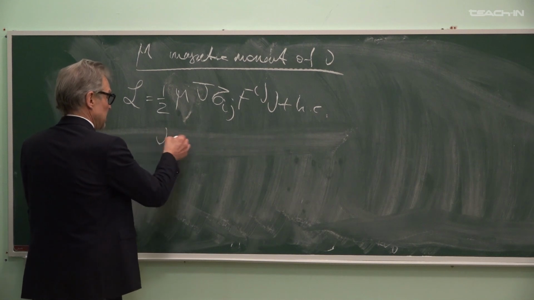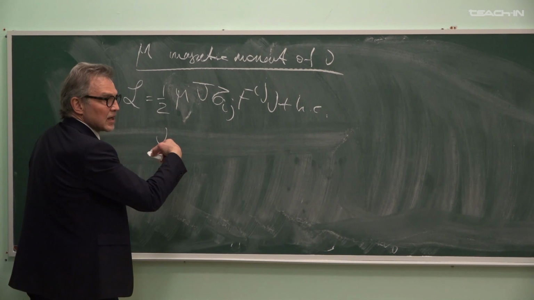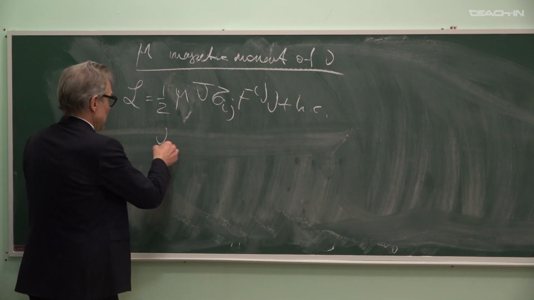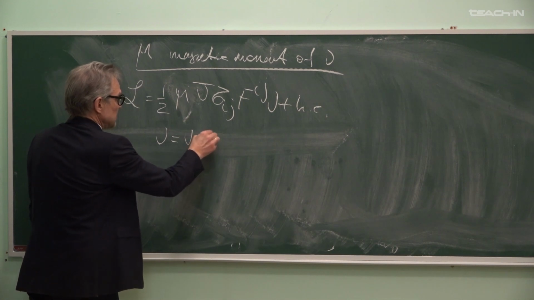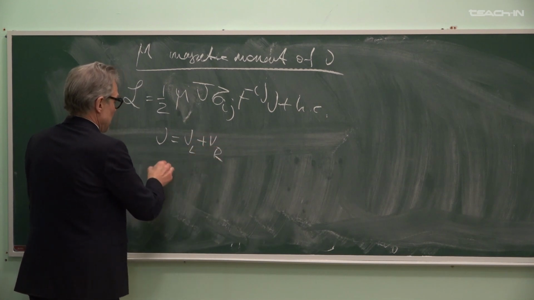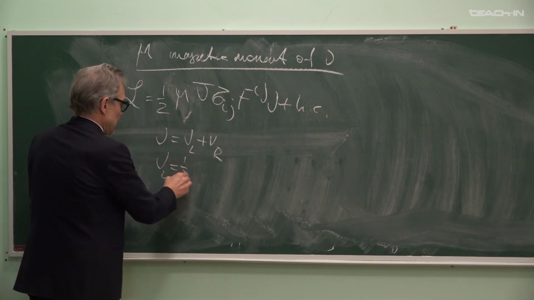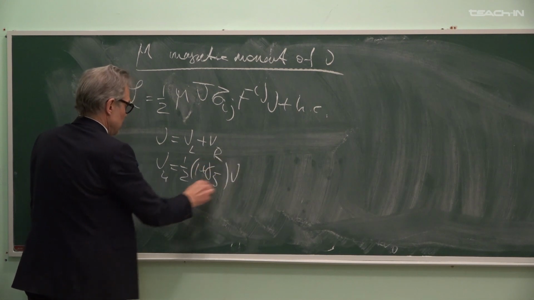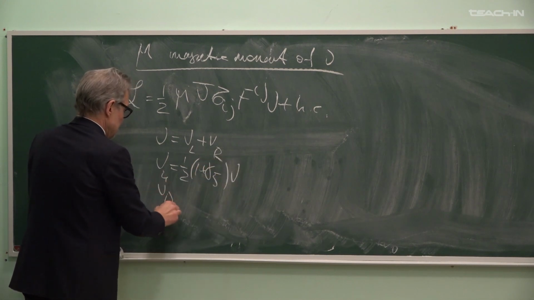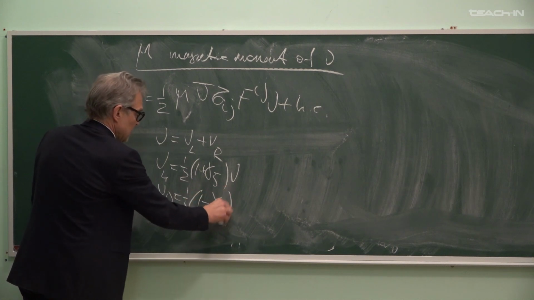Neutrinos we can decompose into two chiral or helicity states. So the neutrino can be expressed as neutrino left plus neutrino right, where neutrino left equals 1/2 (1 plus gamma 5) neutrino, and neutrino right equals 1/2 (1 minus gamma 5) neutrino.